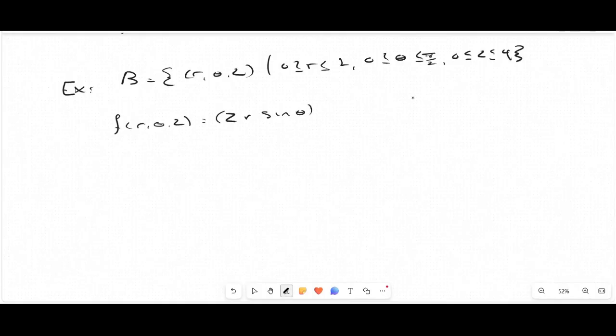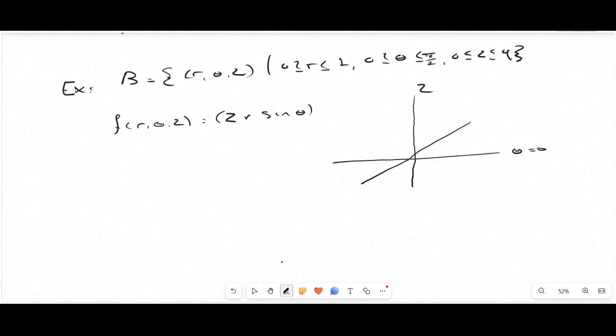Okay, so first things first, just to be entirely clear about the coordinates, if this is z, and we'll call this theta equals 0 over here, r goes from 0 to 2, so here's 0, here's 2. Theta goes from 0 to pi over 2, so we're in the first quadrant in the xy plane. So here's r going from 0 to 2, and theta going from 0 to pi over 2.